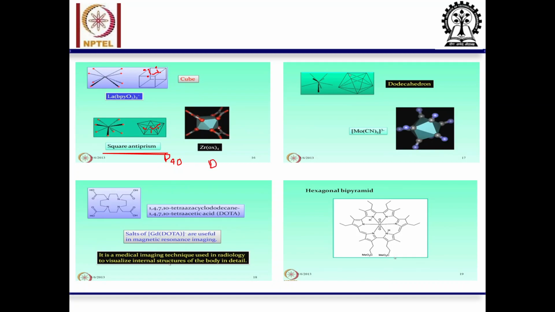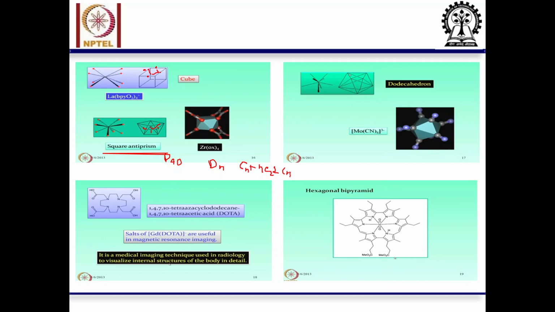D is basically a dihedral group. Suppose you are writing Dn, so we basically have Cn plus n C2 axes perpendicular to Cn. It's called Dn. So in this case, we have a C4 axis and four C2 axes. Now, what is the Cn axis?